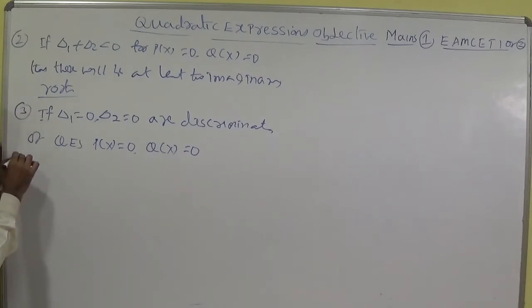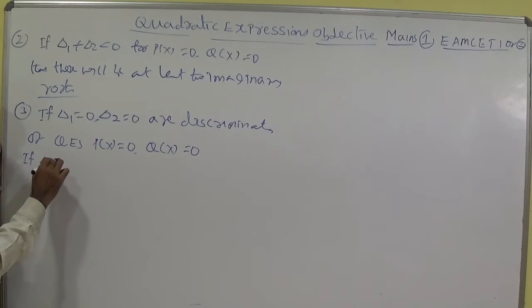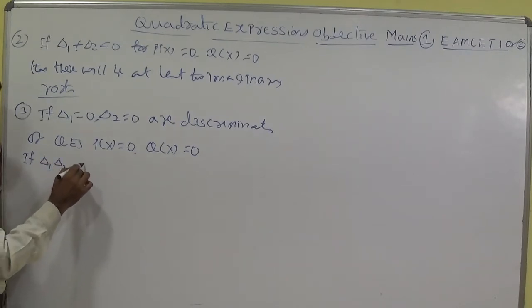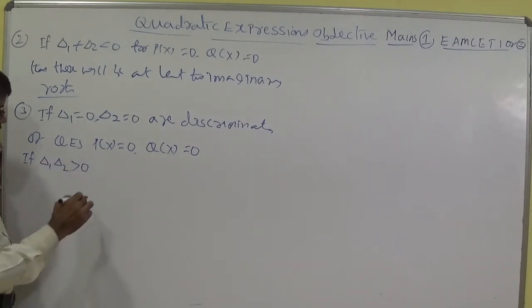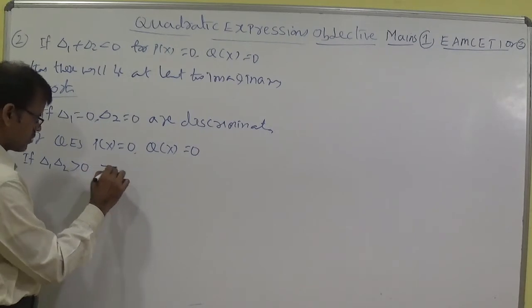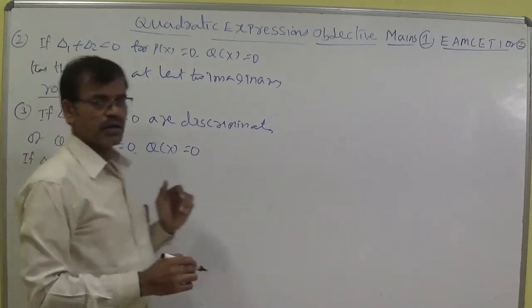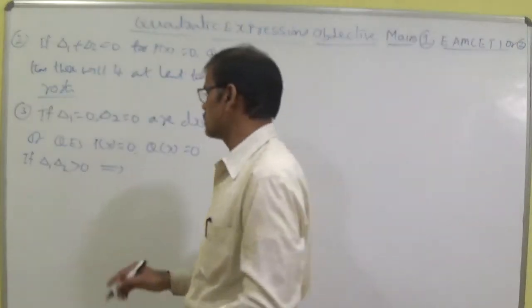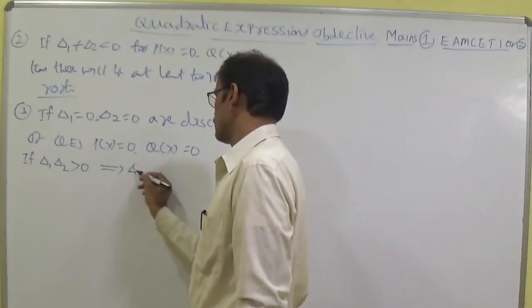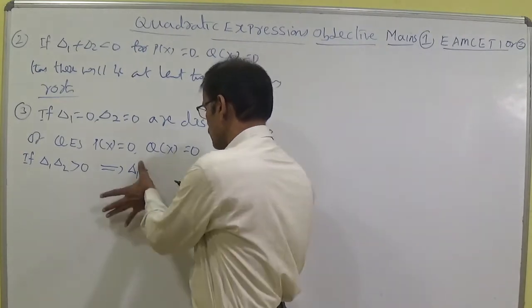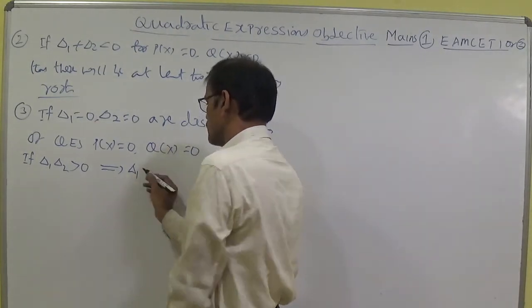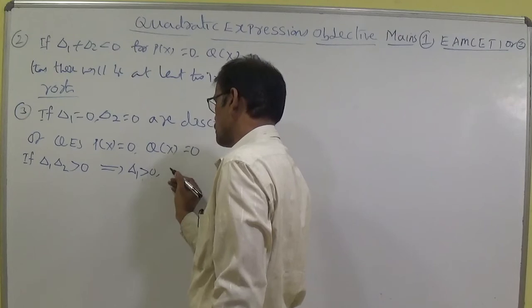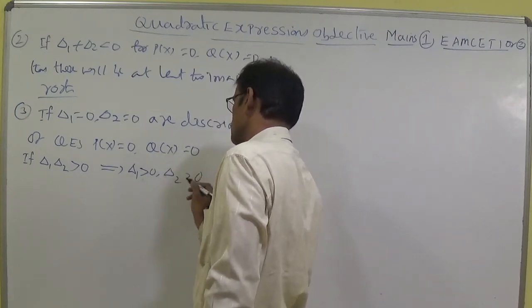Among these conditions, if delta 1 into delta 2 is greater than 0, that implies the positive into positive case and the negative into negative case. The case I want to discuss with you: delta 1 greater than 0, delta 2 greater than 0.